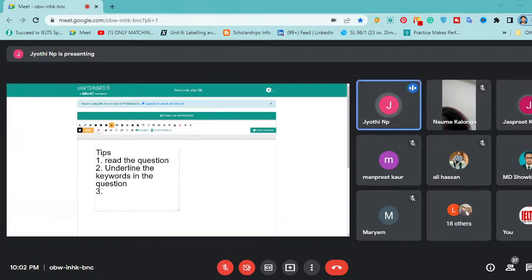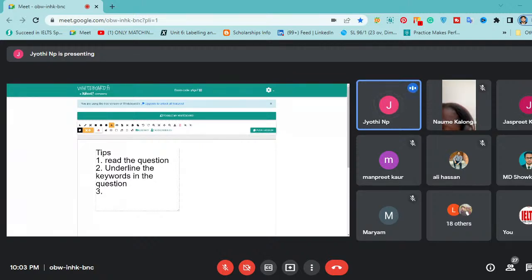One is pre, that is before; while, that is when you're writing or reading or whatever it is; then the last one is post, that is after writing or reading. I'm coming to it one by one. So now we're doing the groundwork, that is before we write the essay.